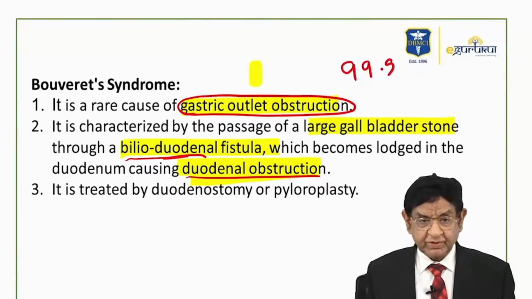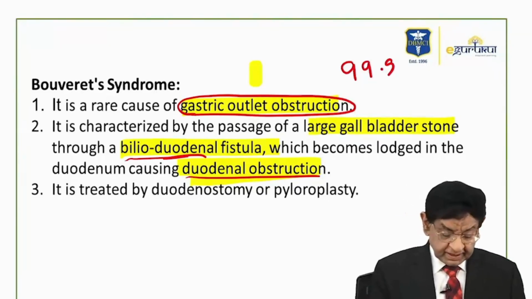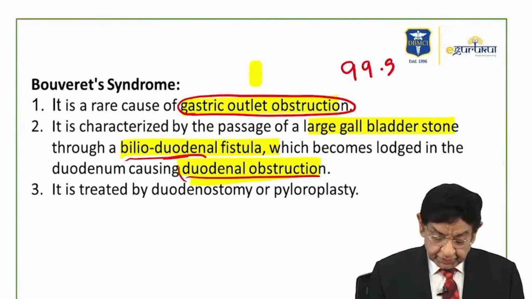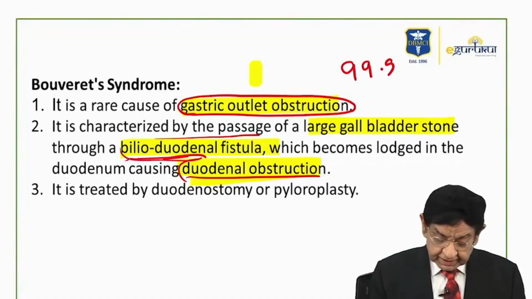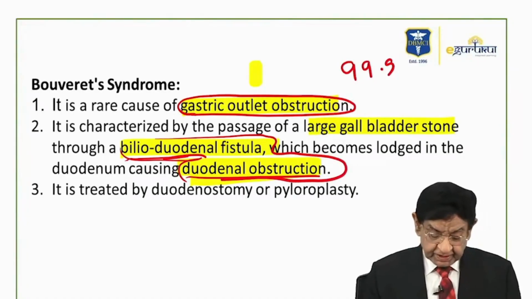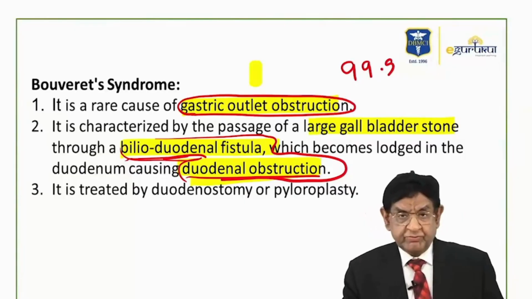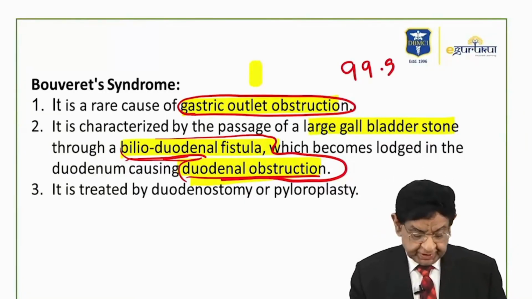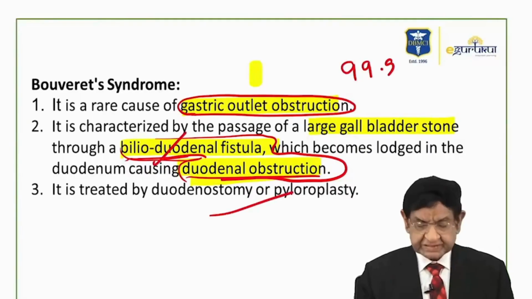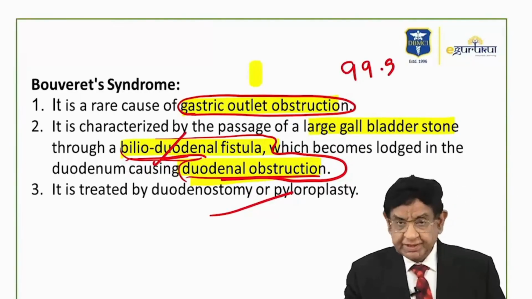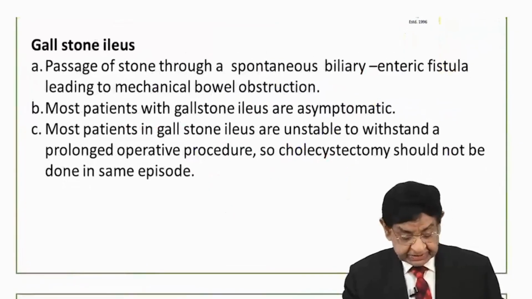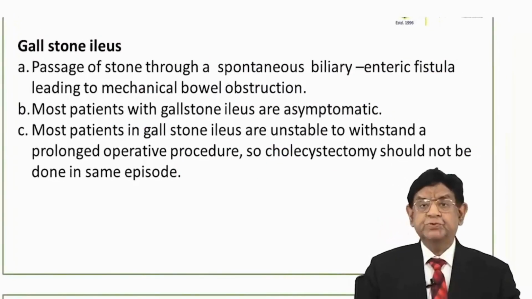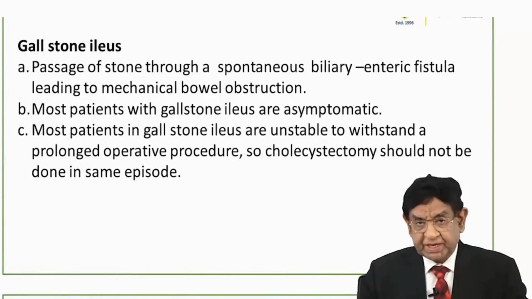So what you have to remember is, in Bouveret syndrome, duodenal obstruction, this is the only keyword. Bilioduodenal fistula, and there is obstruction to the duodenum, and of course you need surgical treatment. That's all, right? Gallstone ileus. I mentioned to you that this is a complication of gallstone.